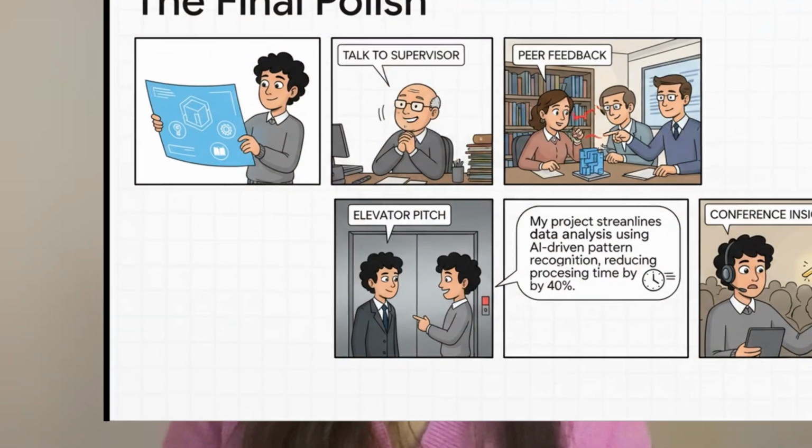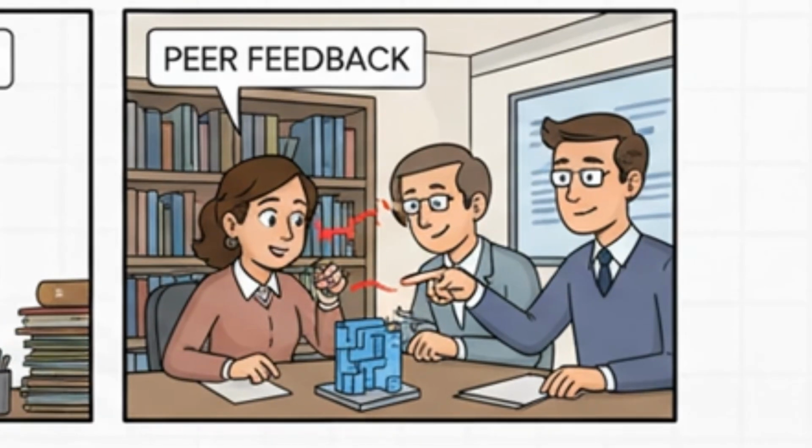Then you can also talk to your peers and maybe senior PhDs in your field, because they can help you spot some practical problems that you might have actually missed when you were thinking about the topic.